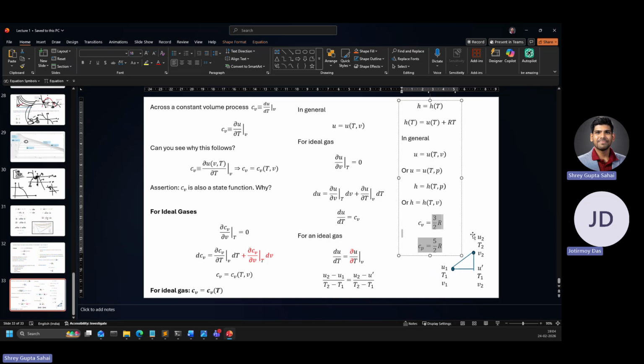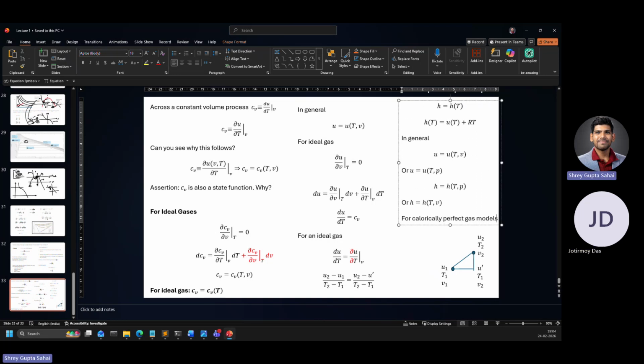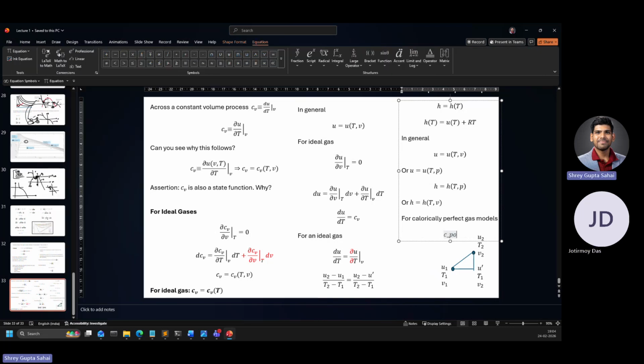These were for calorically perfect gas models. Cp is 5/2 R or some constant.